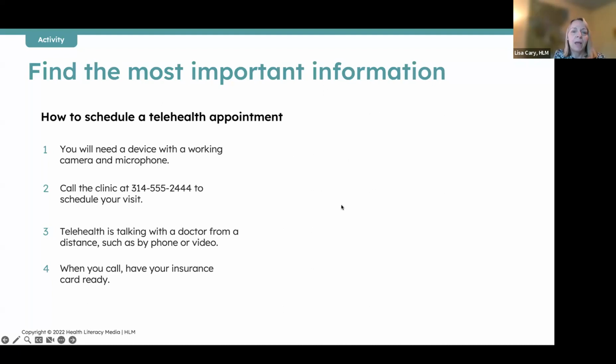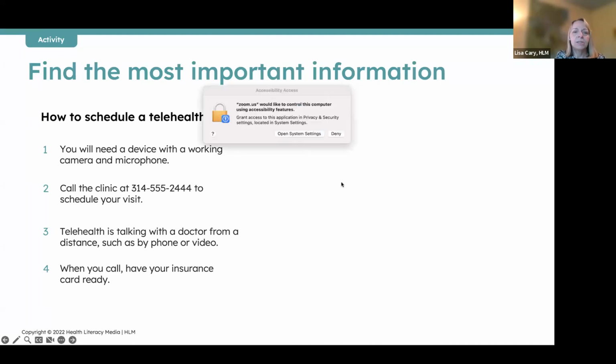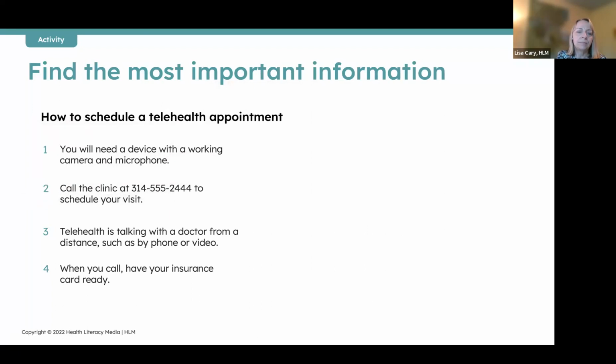So the next thing is to find the most important information. And that would be something like, here's a slide that shows how to schedule a telehealth appointment. And I think, Megan, are we going to launch a poll?